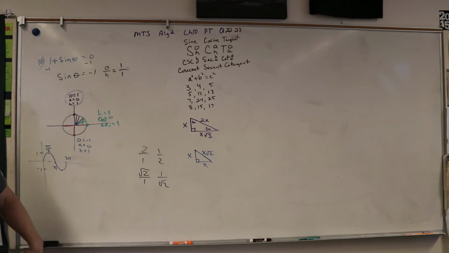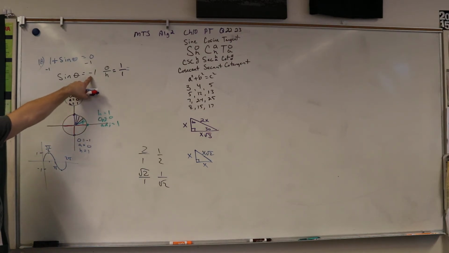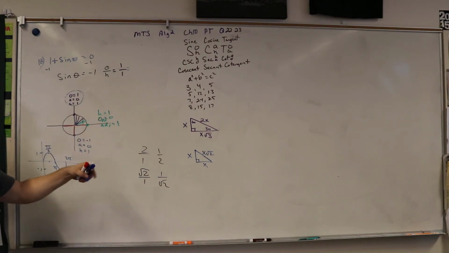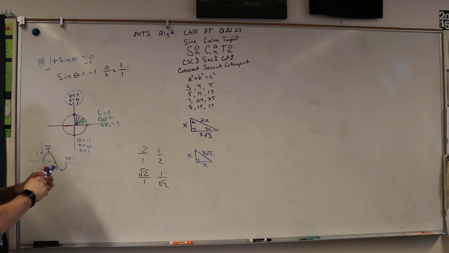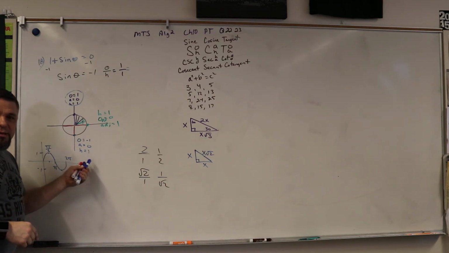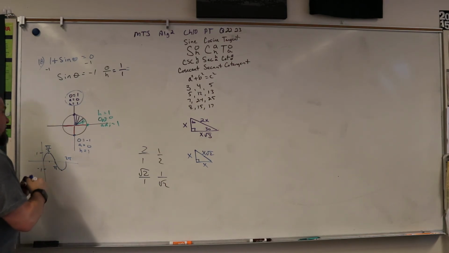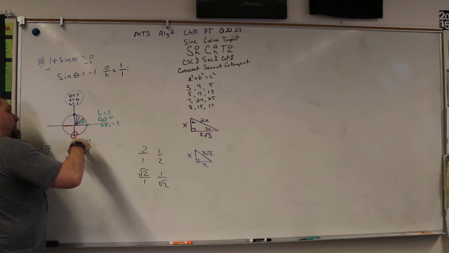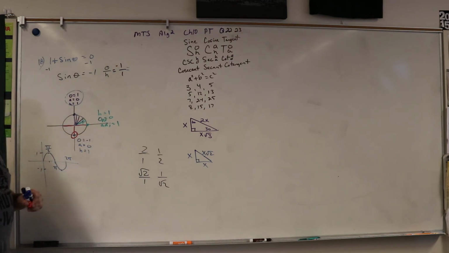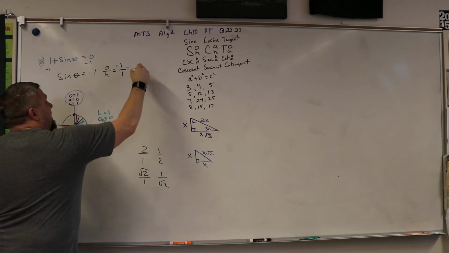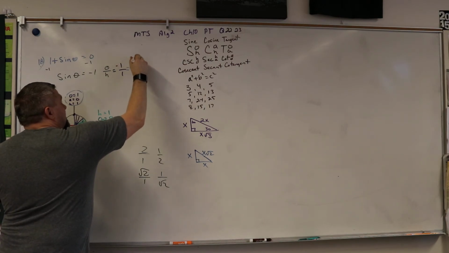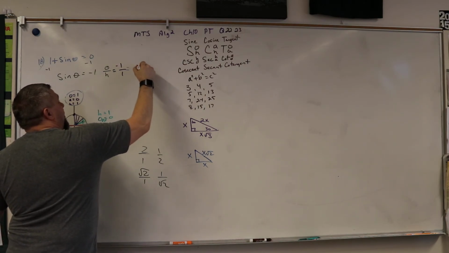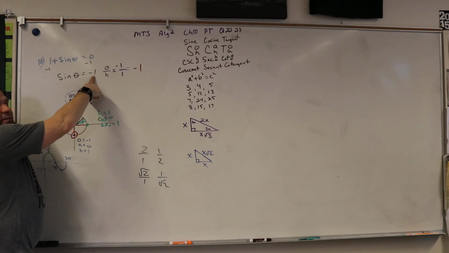We're looking for negative 1. So that means we actually want this guy, because we want our opposite to be negative 1. Our hypotenuse is going to be 1, and that's going to equal negative 1, which is this.